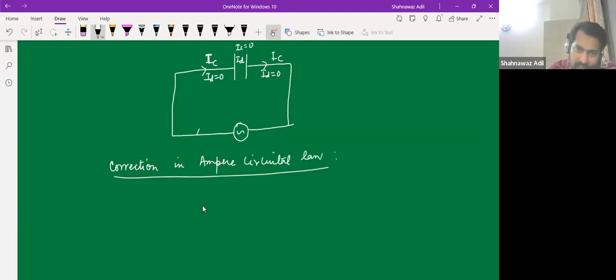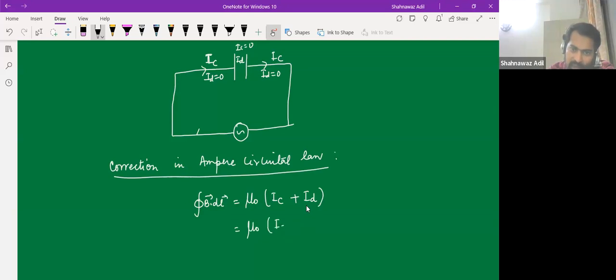If we write B dot dl as mu naught times the conduction current plus the displacement current, then this would be mu naught I_C, and this is mu naught epsilon naught d phi by dt.